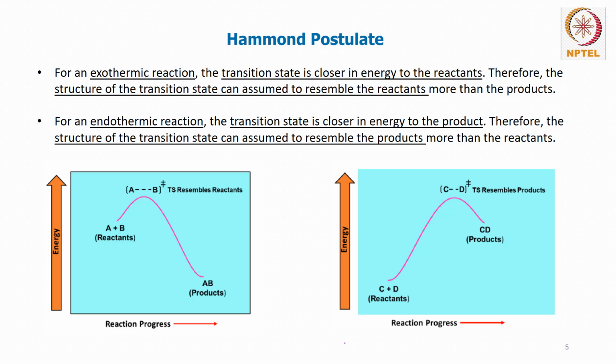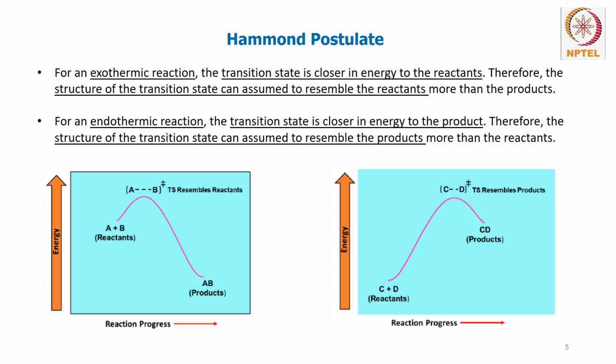Therefore, the transition state structure can be assumed to resemble the reactant more. In case of an endothermic reaction, the transition state energy is closer to the product, so its structure can be assumed to resemble the product more than the reactant.